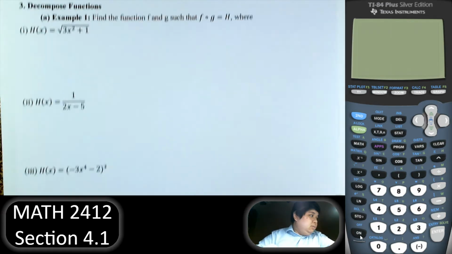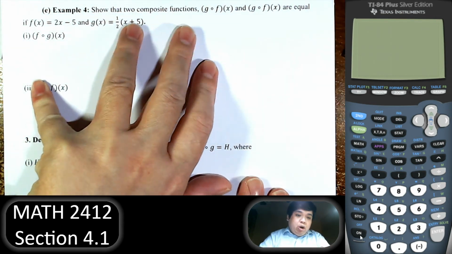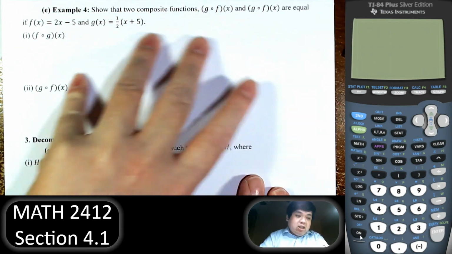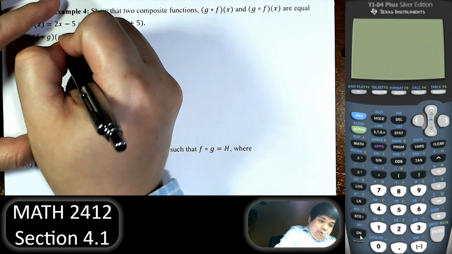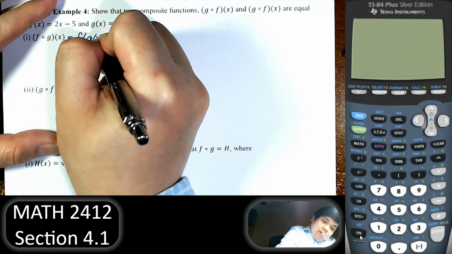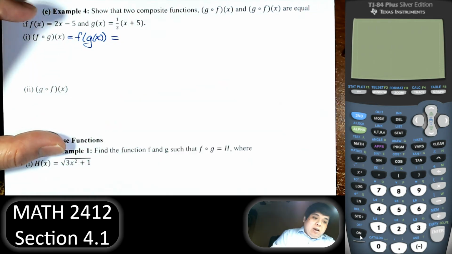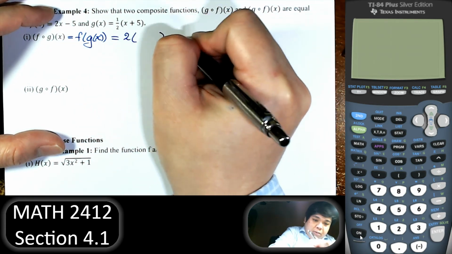Right. Next, show that the two computed functions f of g of x and g of f of x are equal. Well, first we have f of g of x. The function f is 2 times something minus 5.